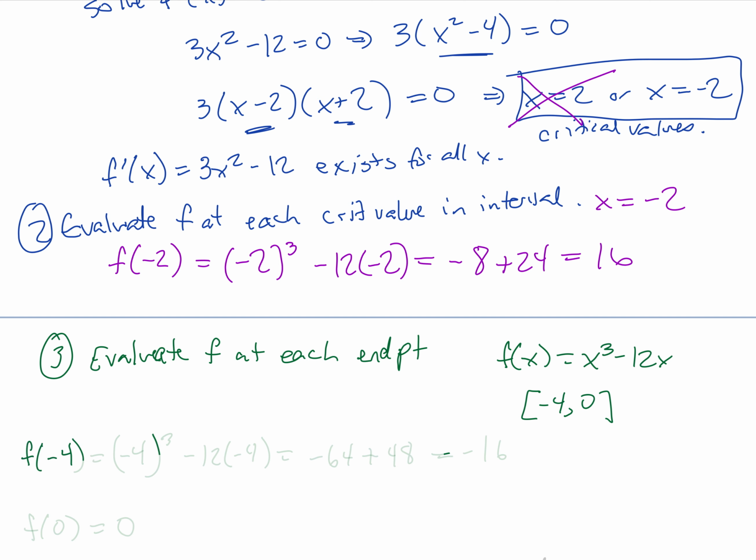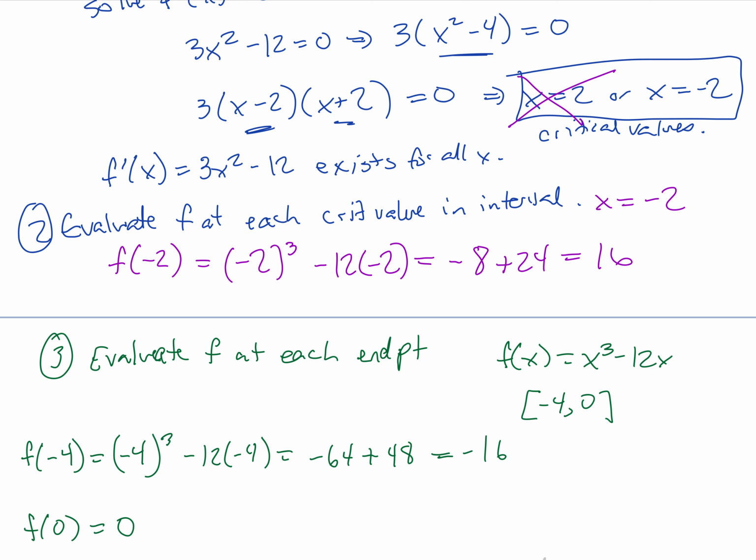F of -4, again, the original function, is -4 cubed minus 12 times -4. So that's -64 minus negative, so plus 48, and that's going to give us negative 16 as the output for f of negative 4. F of 0, that's 0 cubed minus 12 times 0, that's simply 0.